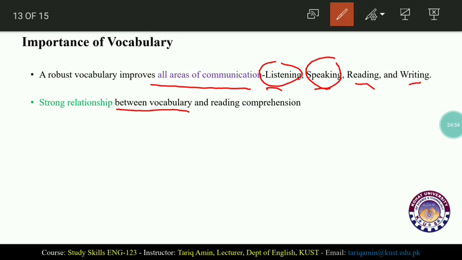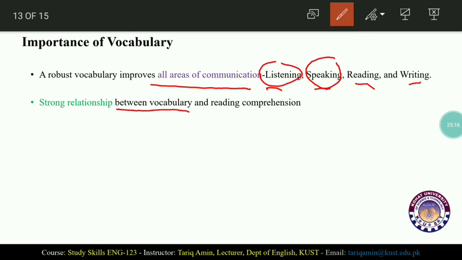Same is the case with reading. When you read a text, if you don't know words, how can you comprehend the text? How can you understand the text? If you have a good stock of vocabulary, you would be able to know the meaning of different words, and on the basis of the meaning of different words, you would be able to comprehend the text.